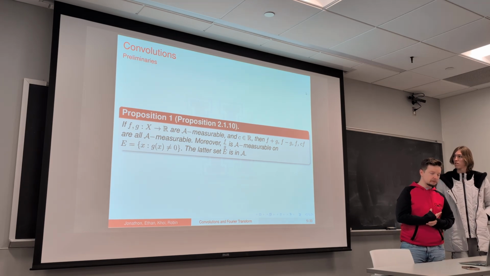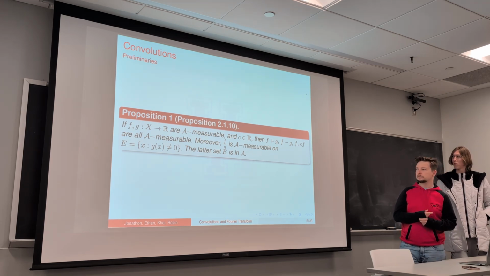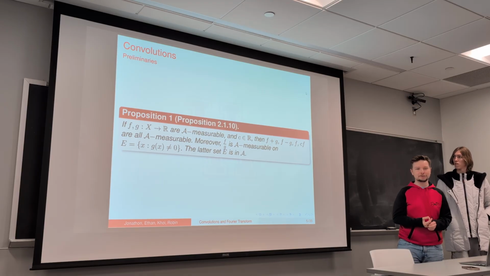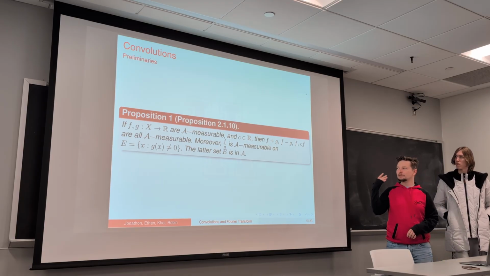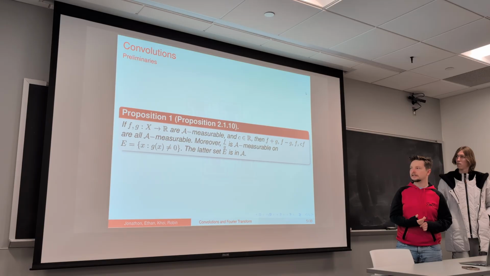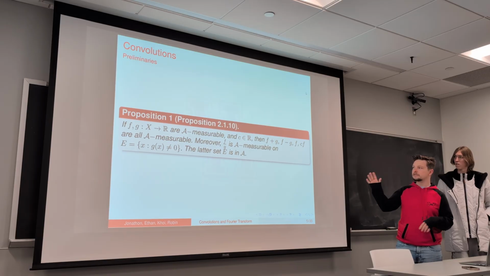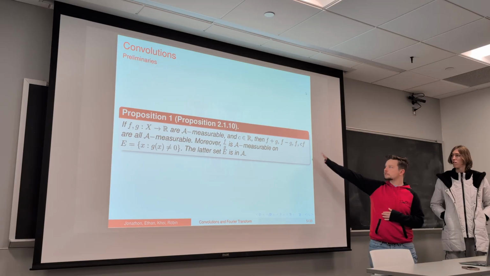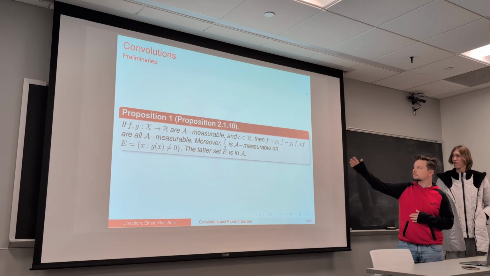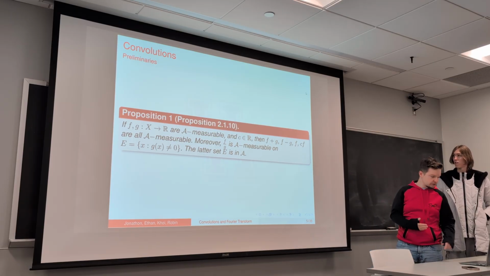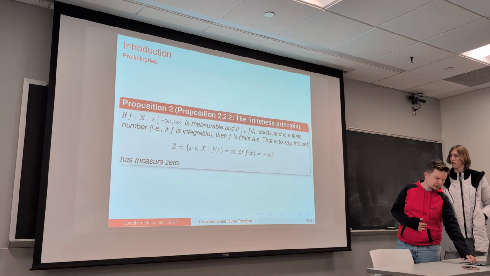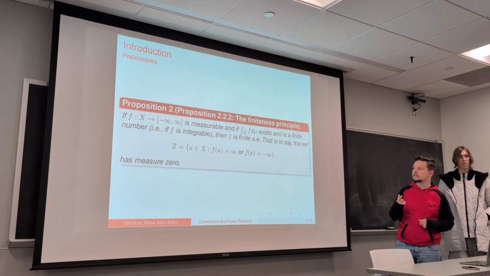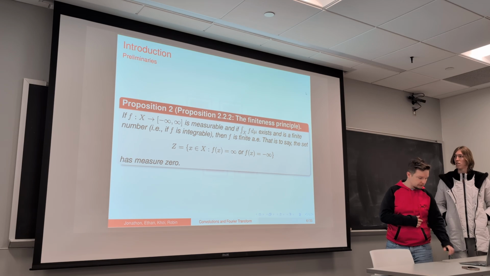Some important preliminaries that we wanted to remind you of. We're going to use Proposition 2.1.10 a lot, which says that if f and g are measurable, you can add them, subtract them, and multiply them, and those are also measurable. The finiteness principle: if the integral of a function exists and is finite, then the function itself is finite.